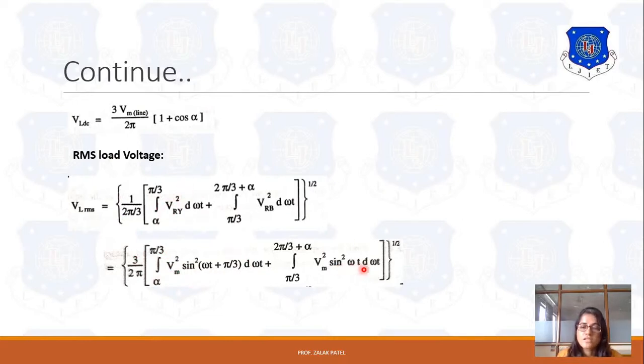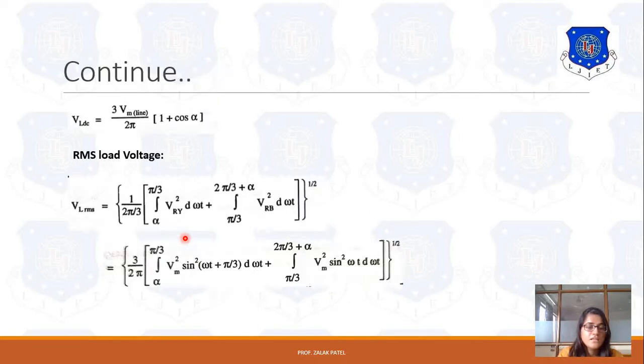Again, between RY and RB there is a phase difference of 180 by 3, meaning a 60 degree phase difference. That's why pi by 3 is added over here. You can also simplify this equation using sin square theta equal to 1 minus cos 2 theta by 2. If you do this, you can get the answer for RMS.